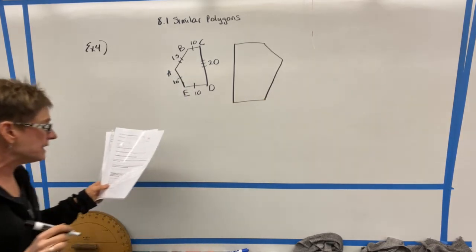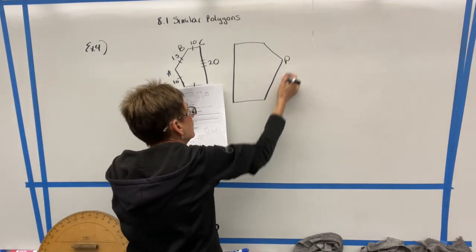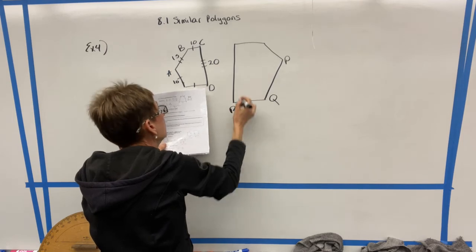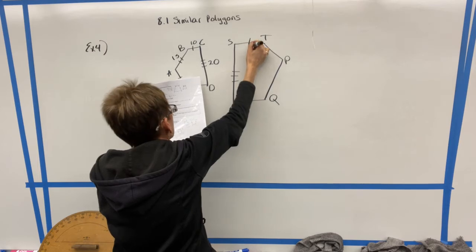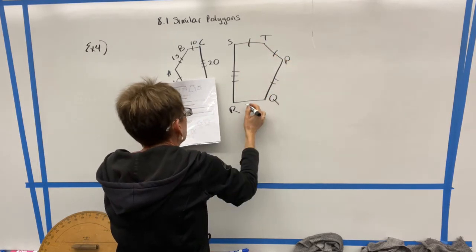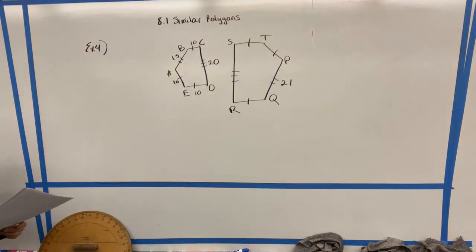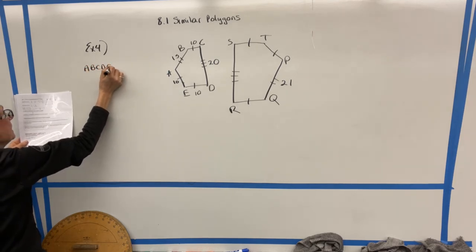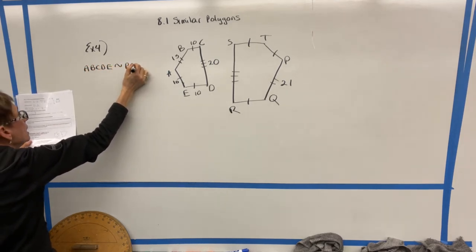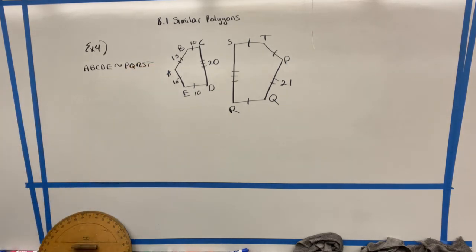So we have P, Q, R, S, T. So it says in the beginning here, A, B, C, D, E is similar to P, Q, R, S, T. Notice that that allows us to mark up which angles are congruent to which.